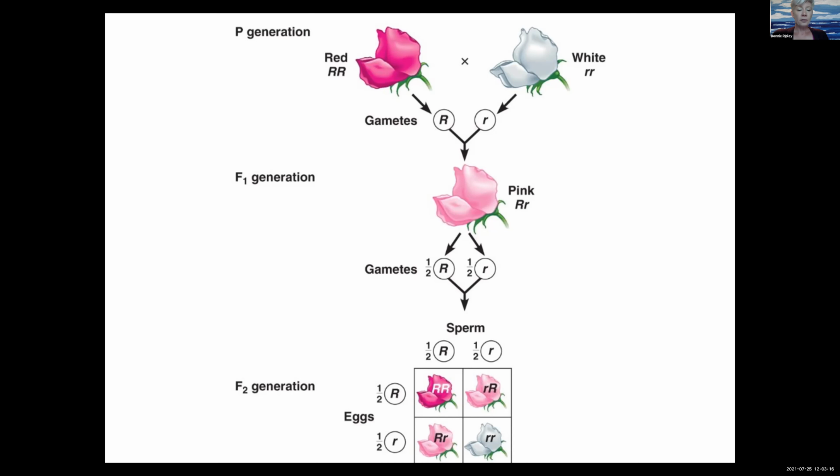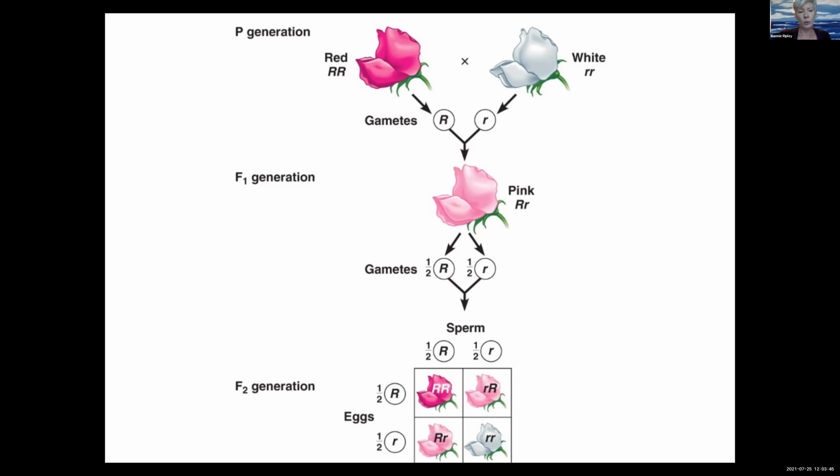And we can also find the predicted probability of offspring of each of these different kinds. If we have many plants and they're making many offspring, thousands of offspring, even hundreds of offspring would work, we can use the mathematics of probability to predict what proportion of offspring we would get.